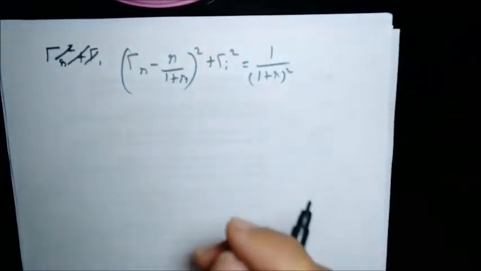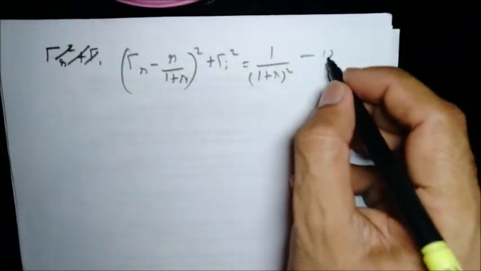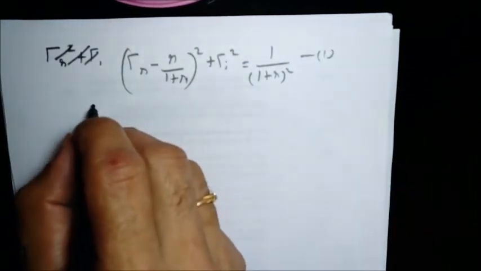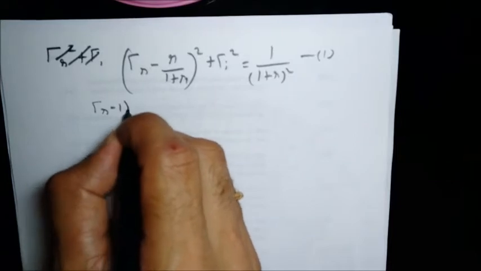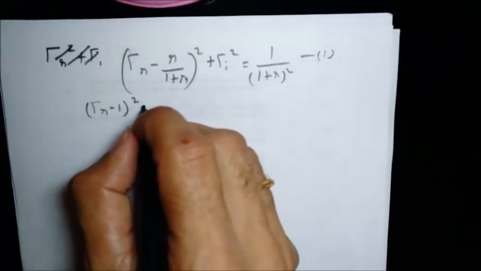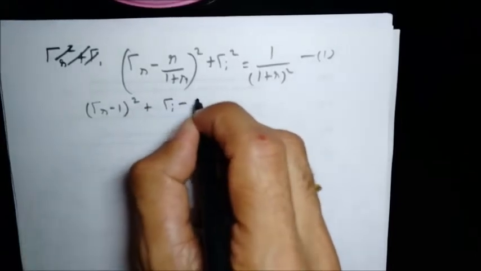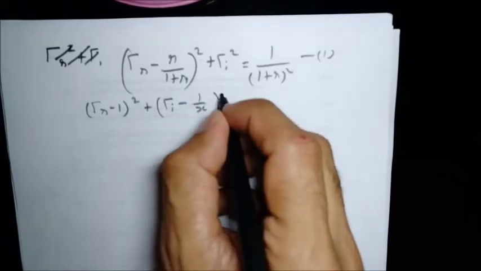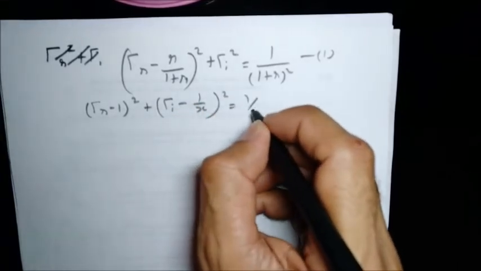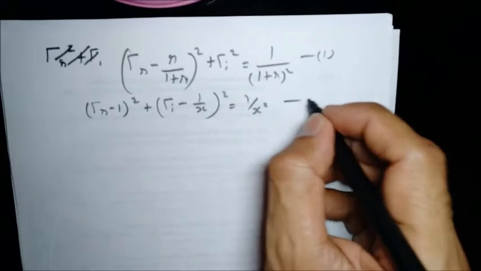That was the first one. And the second one was gamma r minus 1 square plus gamma I minus 1 by x square equal to 1 by x square. That was the second one.